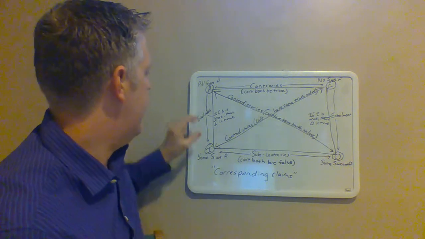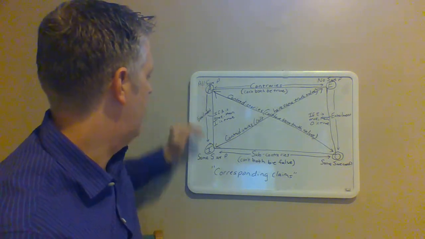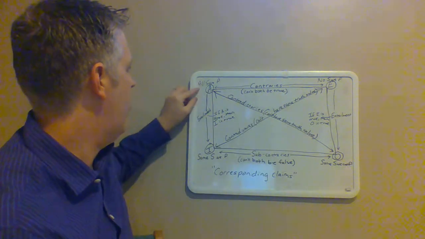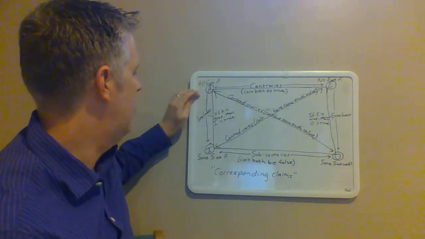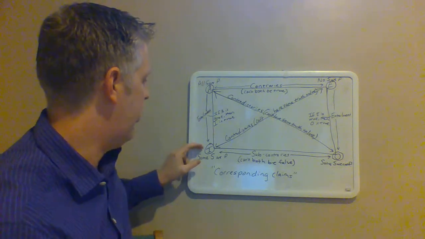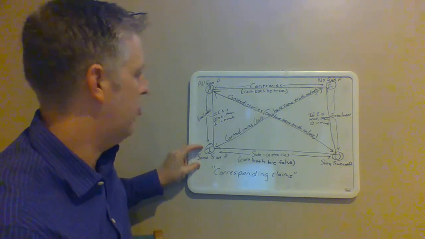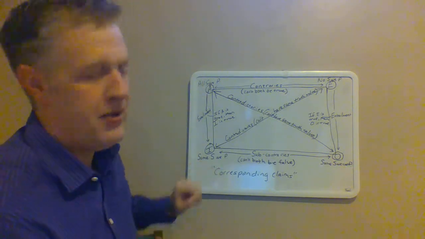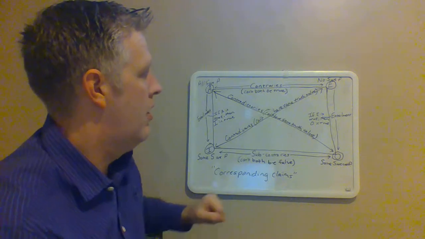And then finally, we have the idea of entailment. This works in one direction, and it's on both sides here. So if we know that "all cats are animals" is true, that's going to entail that the corresponding I-form claim is also true. So if "all cats are animals" is true, then it has to be the case that "some cats are animals" is also true. Same thing here.